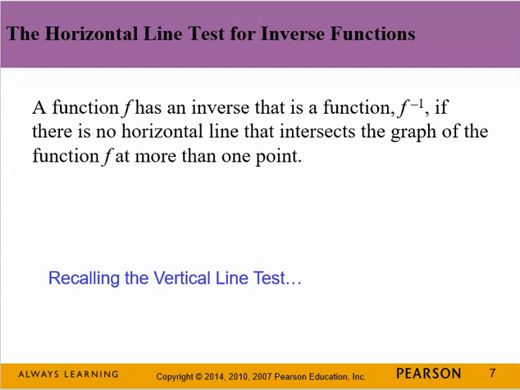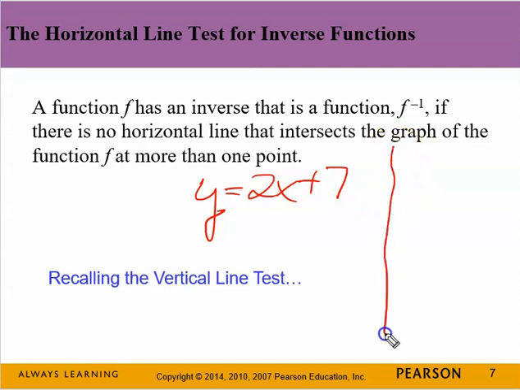And that is, our original must be a function. So if you recall what we were doing so far, we had y equals 2x, let's say, plus 7. Now, when we did a graph of that, our y-intercept was 7 here, and our slope was over 1 up 2. So we ended up with a line.